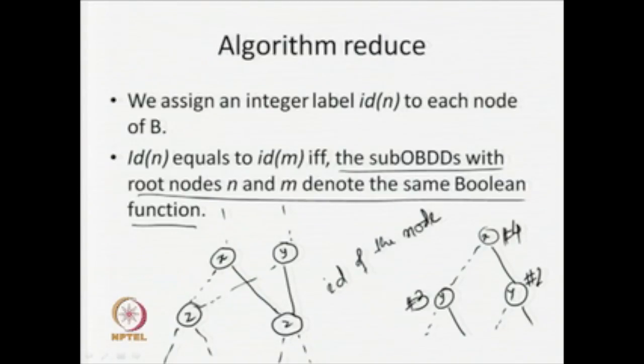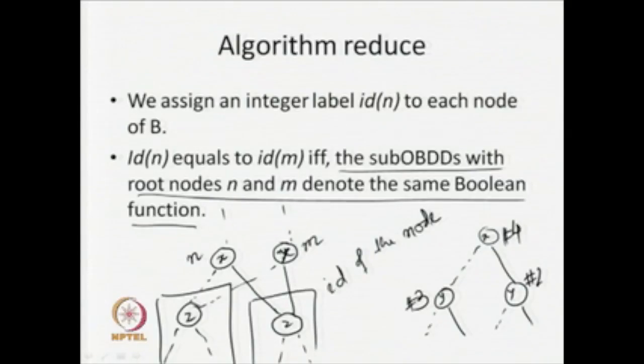Now, for this particular node, say this is n I am talking about, and say this is m. So, once we take the value of x equal to 0, it is going to look for this particular sub BDD. Similarly, for this particular node also, if y is equal to 0, they are having the same sub BDD. Similarly, for 1, both are having the same sub BDD.